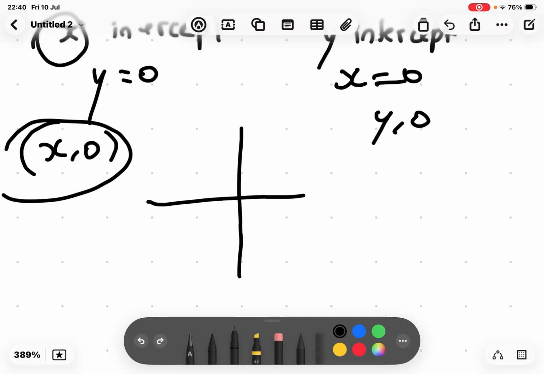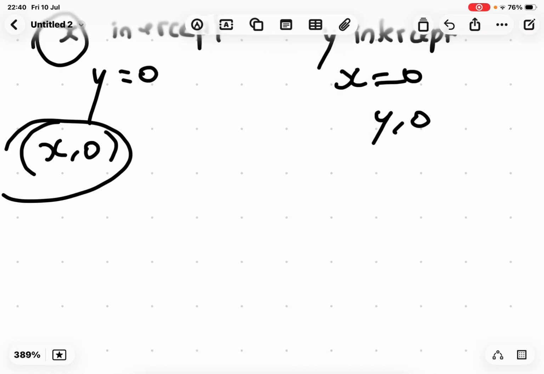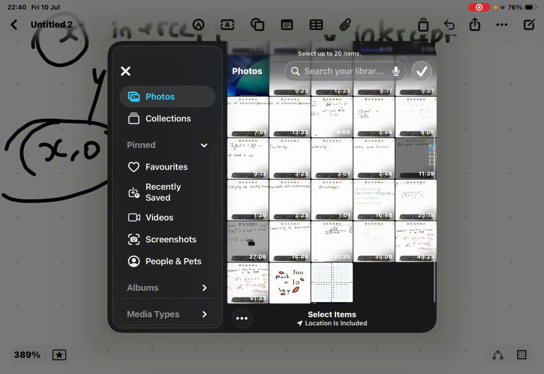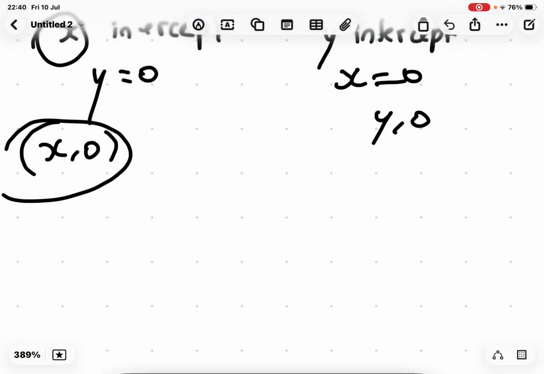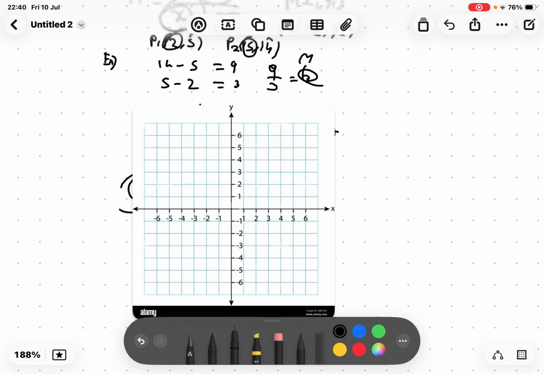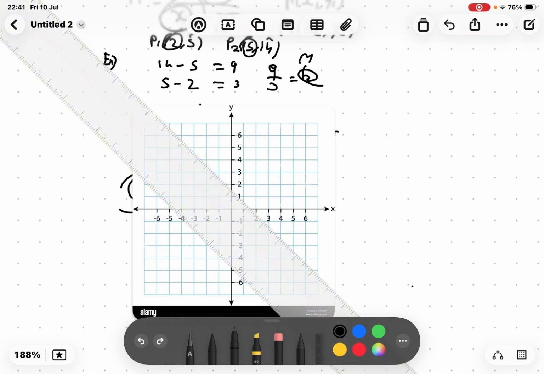Let me actually get the graph this time. I think I should actually use a ruler.